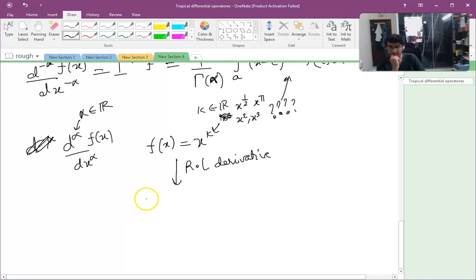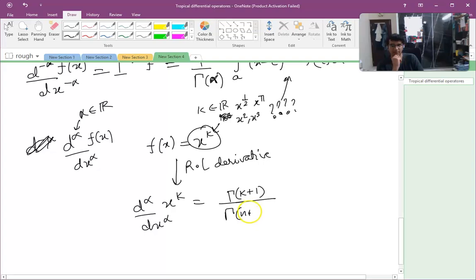Through some working, or if you just Google, you can find that the answer is given by d to the alpha over dx alpha of x to the power of k, our function of interest, is 1 by gamma of k plus 1, the whole divided by gamma of k minus alpha plus 1, times x to the power of k minus alpha.